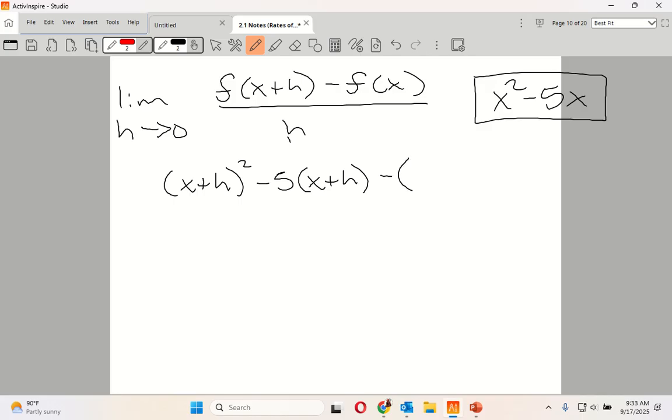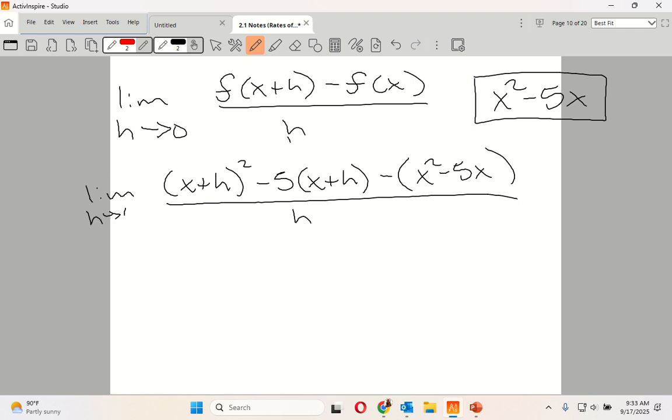So in parentheses, so I don't mess this one up, x squared minus 5x. And this is going to give me the equation for the slope at any given point.